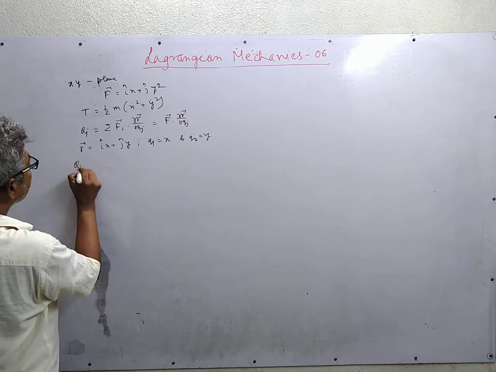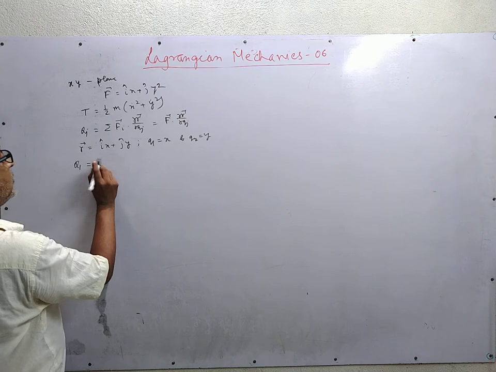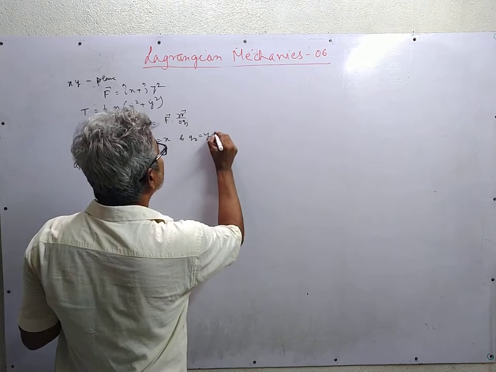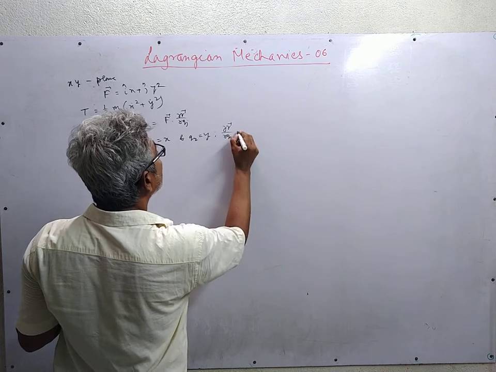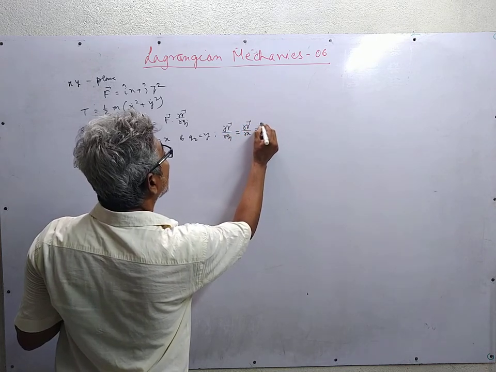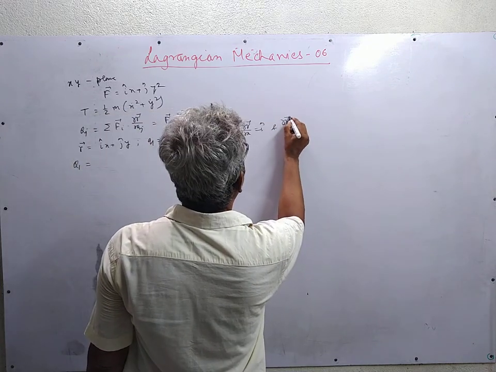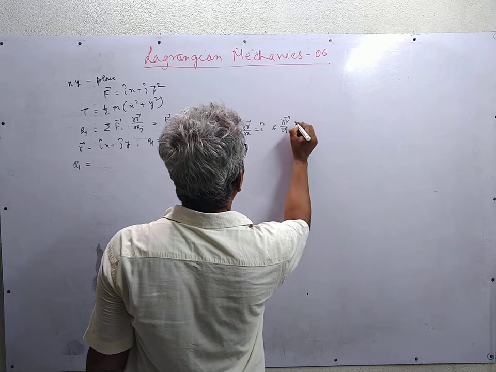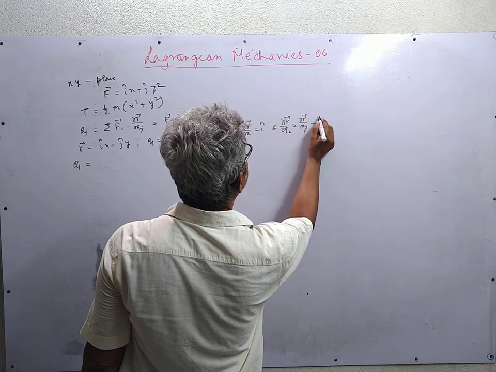So del R by del q1 is equal to del R by del x is equal to i cap, and del R by del q2 is equal to del R by del y is equal to j cap.